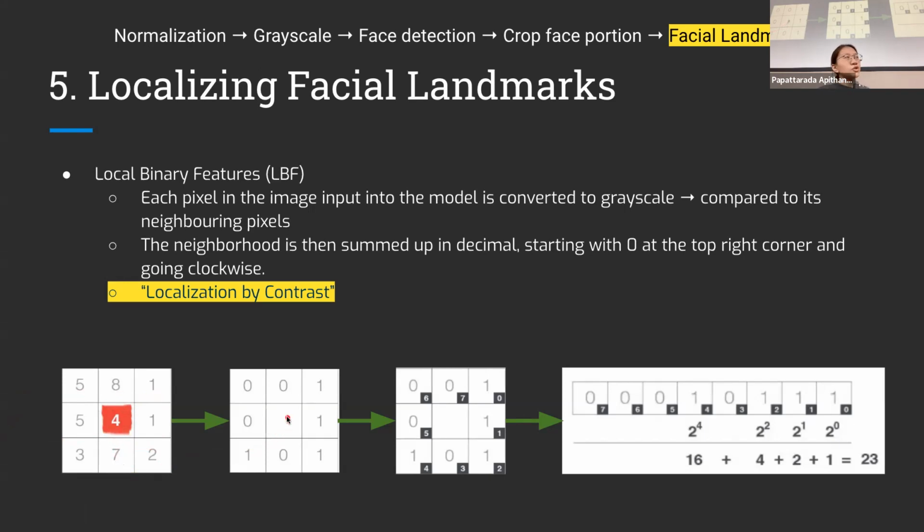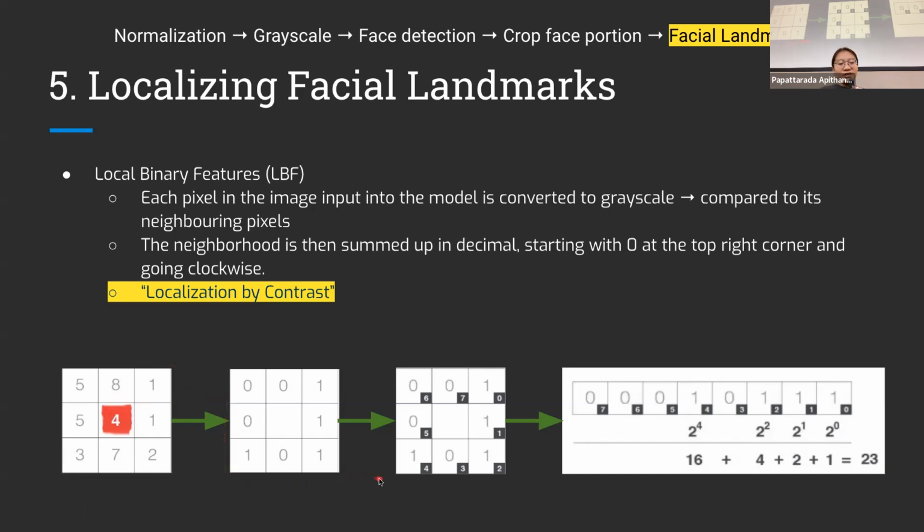If I compare the center pixel to, say, the top right-hand corner pixel, the center has a grayscale value of 4 and the top right-hand corner has a grayscale value of 1.